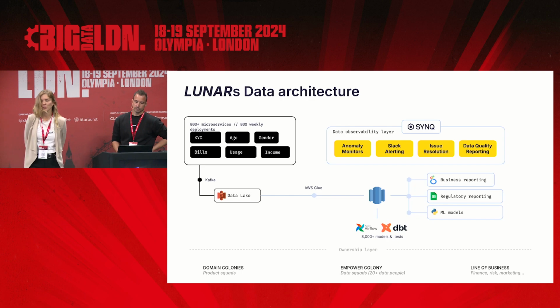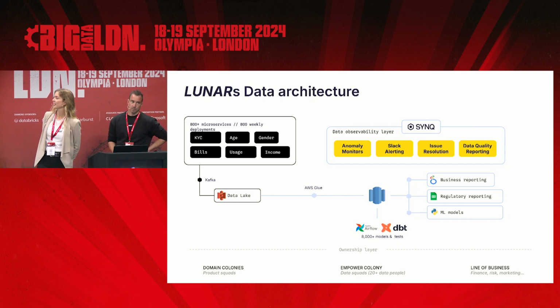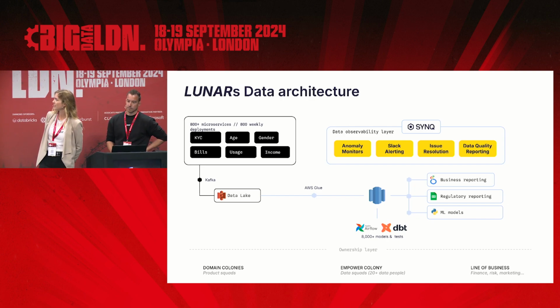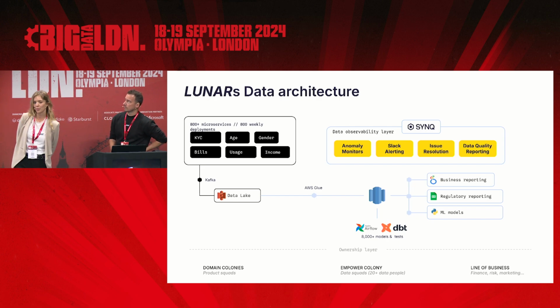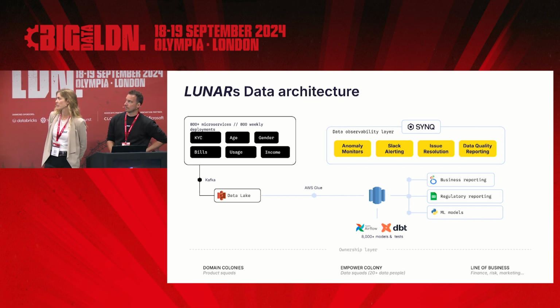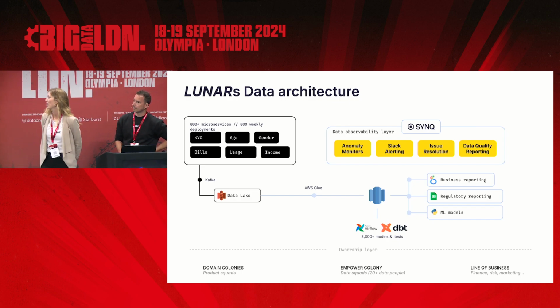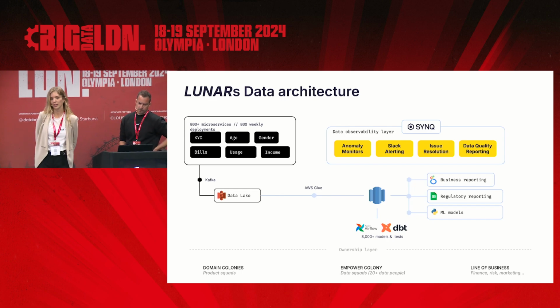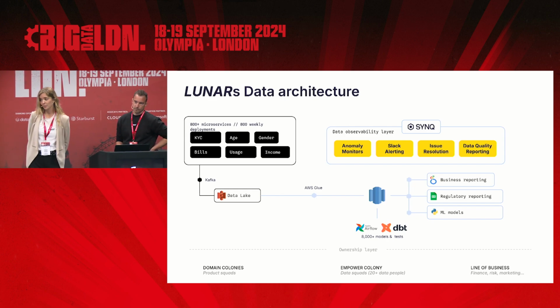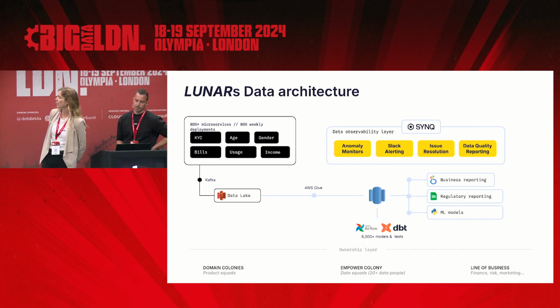Just very briefly on the Lunar organization and how our data architecture fits into that. We are organized into domain colonies, focusing on different areas of running a bank. For example, we have a transaction banking colony and a user and account banking colony. All of these colonies are composed of different squads, which are mainly tech people, and of course people from product as well.